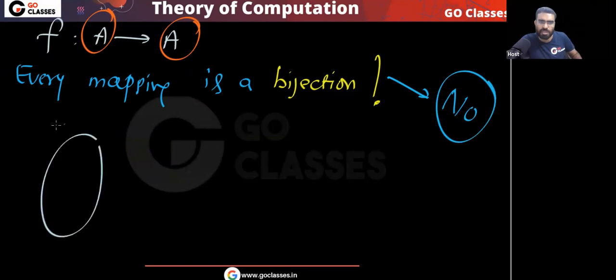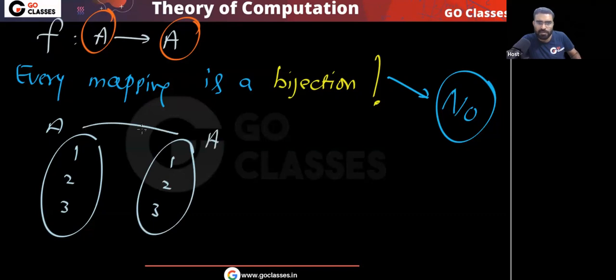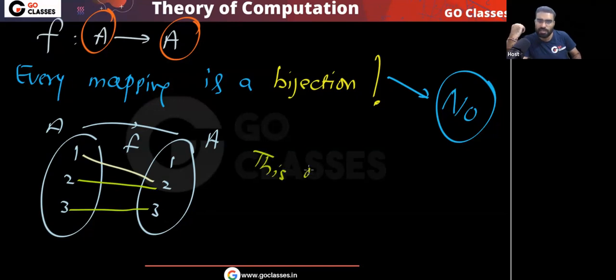The answer is no. For example, if you have 1, 2, 3 and 1, 2, 3, consider this mapping. Is this mapping a bijection? This mapping F is not a bijection.